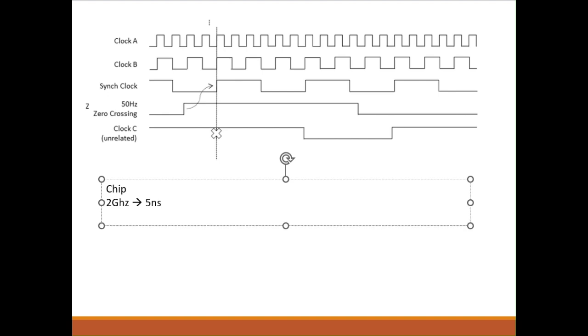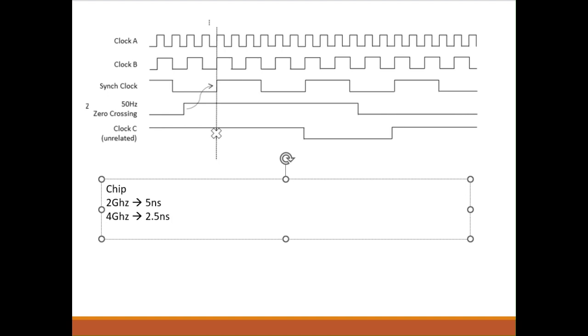If we have 4 gigahertz frequency, then we have time period 0.25 nanoseconds. So what do we notice here? As we increase frequency, meeting setup time becomes more difficult.